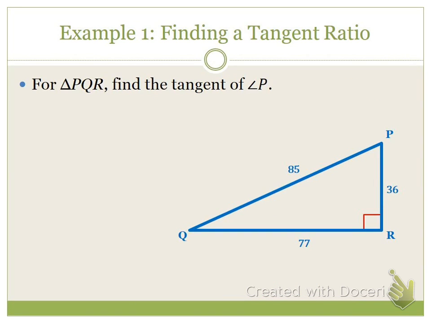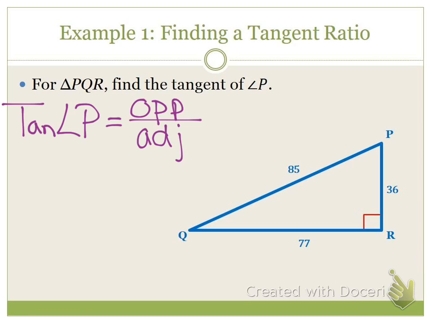And here's how it applies. For this triangle, PQR, find the tangent of P. So you would say tangent of angle P equals, and now, what was the ratio for tangent? Opposite over adjacent. And for now, guys, I want you to actually physically write this.